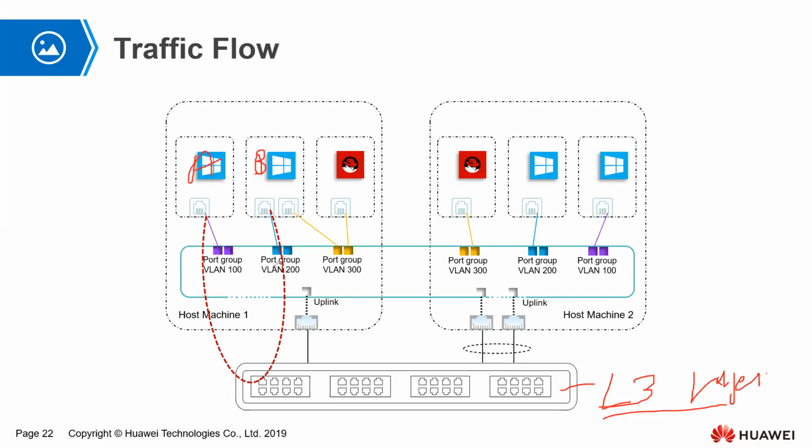Even though it is on the same physical host, the traffic has to be sent through a layer 3 device. Because they belong to different VLANs. Yes, they belong to different networks, or different broadcast domains. So these packets have to be routed to their destination.